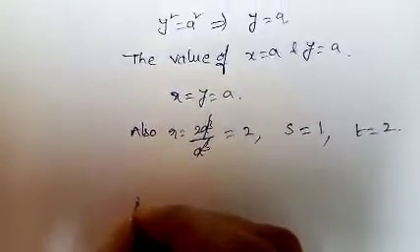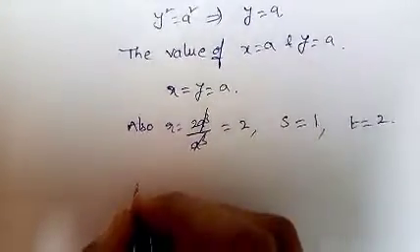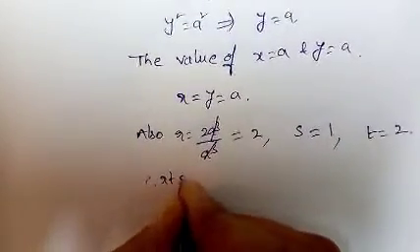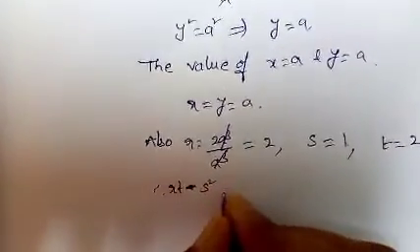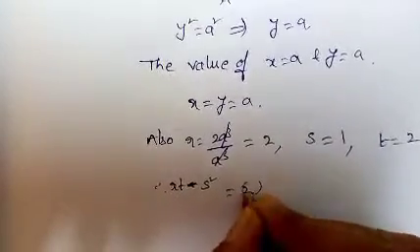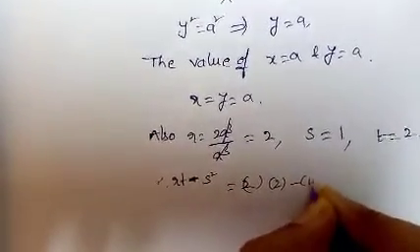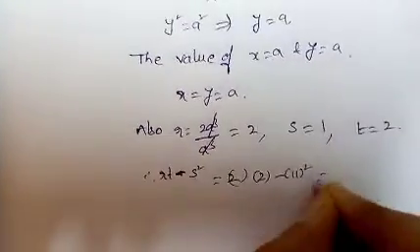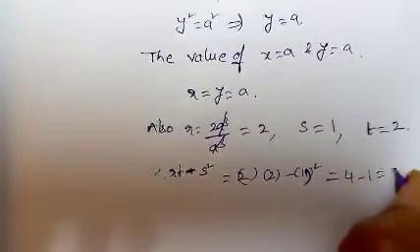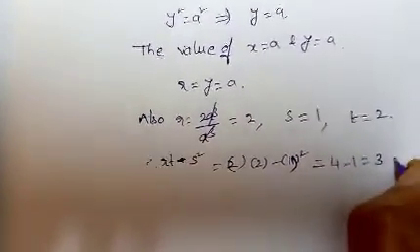So now therefore we have to find rt minus s square. So then r value is 2, into 2, minus 1 whole square, which implies 4 minus 1 which equals 3. So that value is greater than 0.